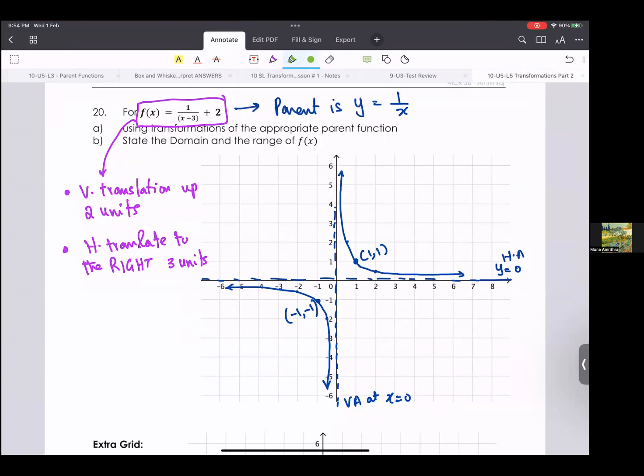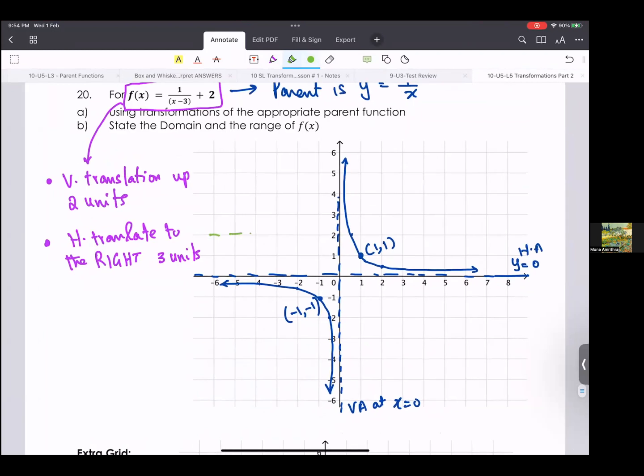You're going to take your horizontal asymptote with you. So that's your new horizontal asymptote. Actually, I'm not going to do it stage by stage. I lied. I'm going to do it all in one go. It makes it so much easier. Otherwise, you're going to have too many graphs running amok here because each graph has 2 separate arms.